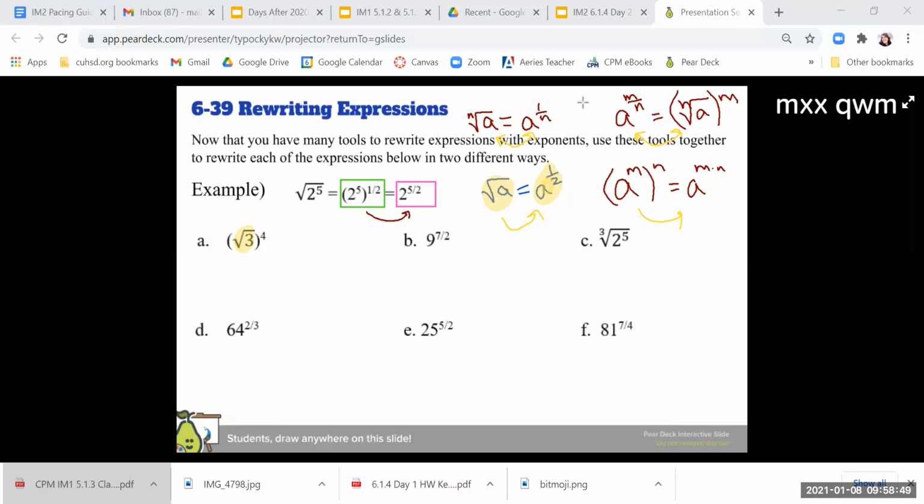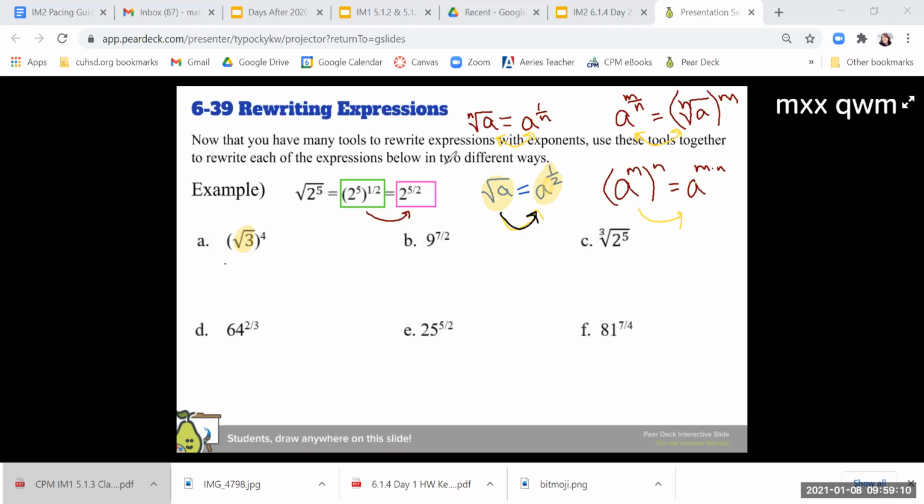So again, what we're trying to do is just rewrite the expression, like in part A, for example, so that it means the same thing, but it's in a different form. So we know that root 3, the square root, is equivalent to a number to the 1/2.